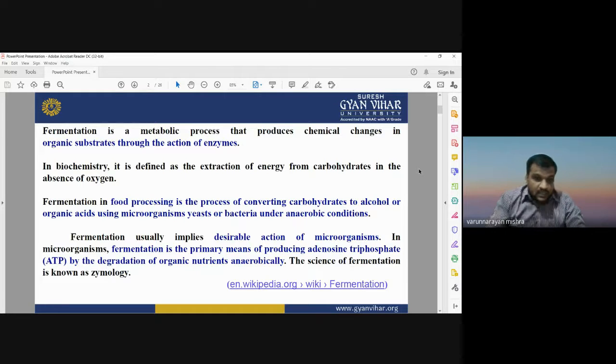Another definition of fermentation is the conversion of carbohydrates to alcohol. It means when we extract the energy from carbohydrates, during this chemical process, alcohol is a byproduct.